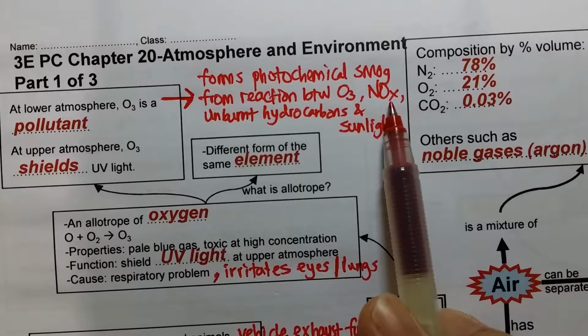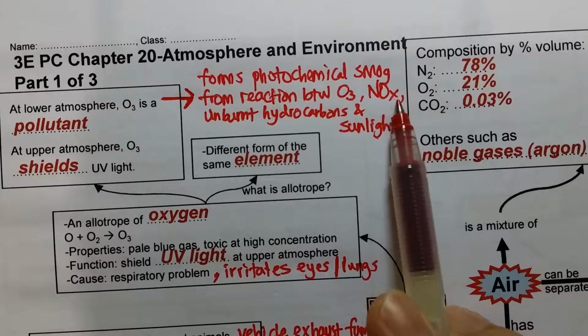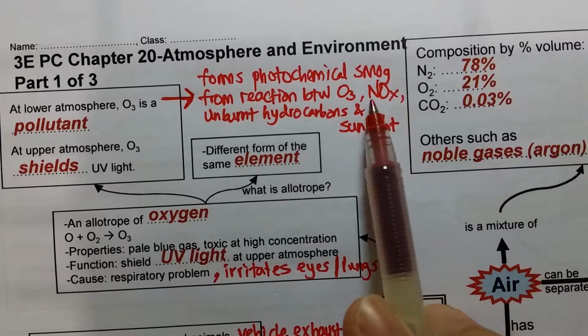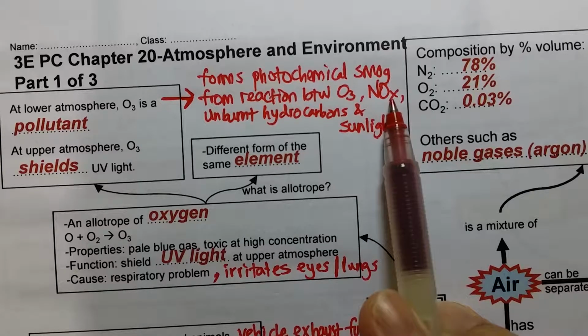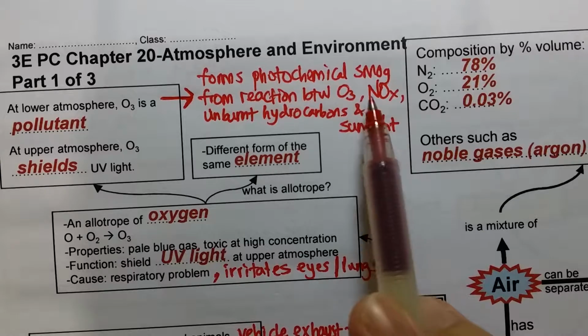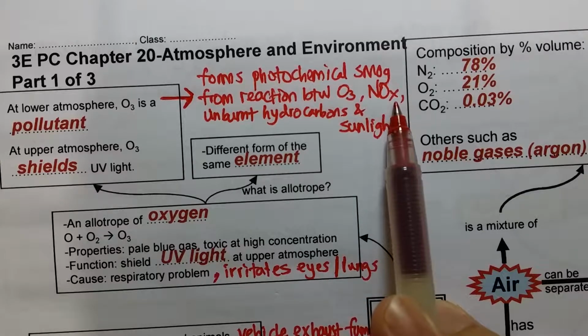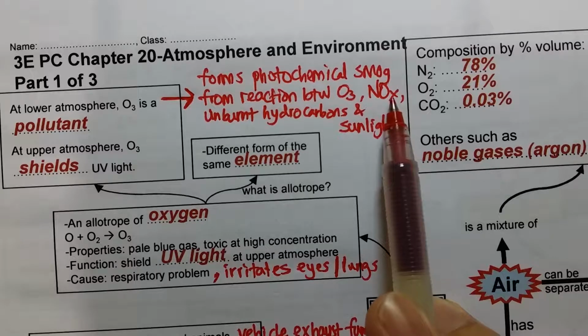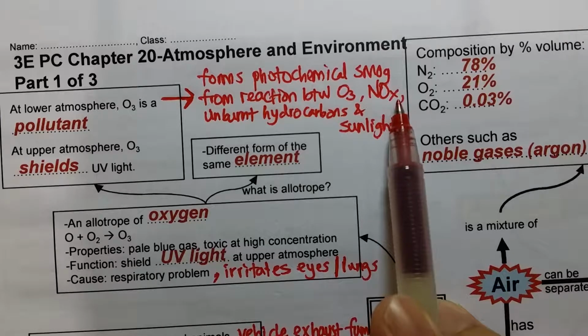NOx. NOx stands for nitrogen oxides, whereby this X can be 1. If this X is 1, then NOx will become NO, which is nitrogen monoxide. If this X is 2, then NOx would become NO2, which is nitrogen dioxide. So NOx stands for nitrogen oxides, whereby it includes nitrogen monoxide and nitrogen dioxide.